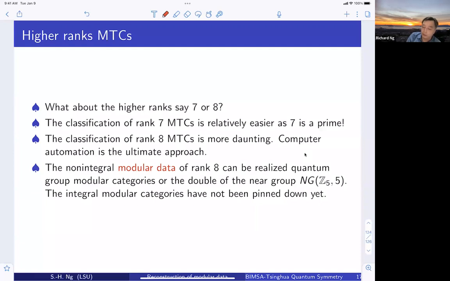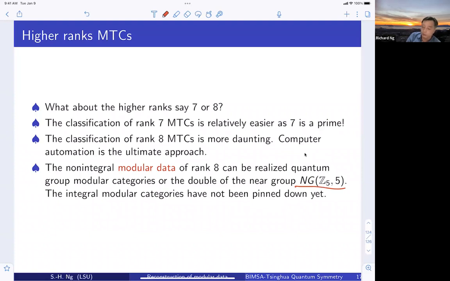The most extreme one that we found, which is also the case in rank 6, is the double of a Lie group, and one modular subcategory of the double of the Lie group is of type 3, 5, 4, and so on. This time it's not the double of Tambara-Yamagami.